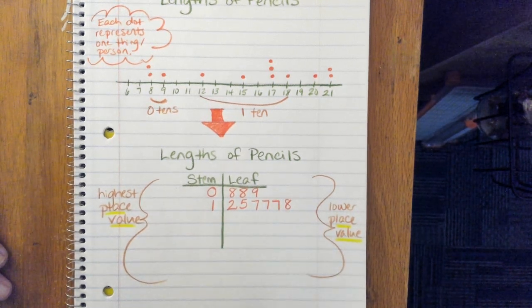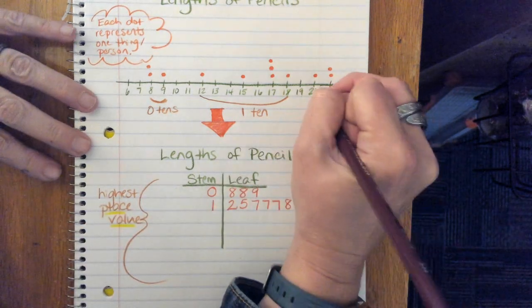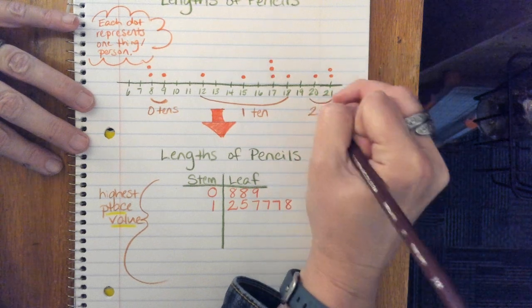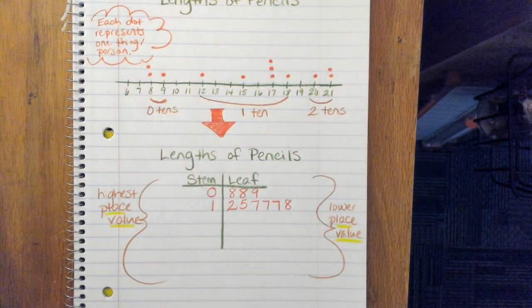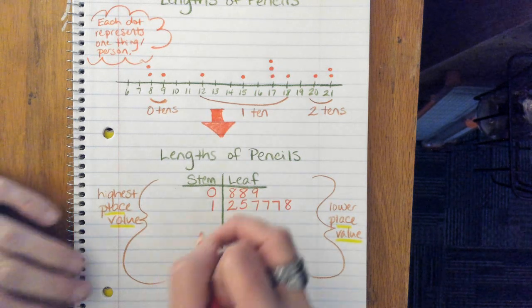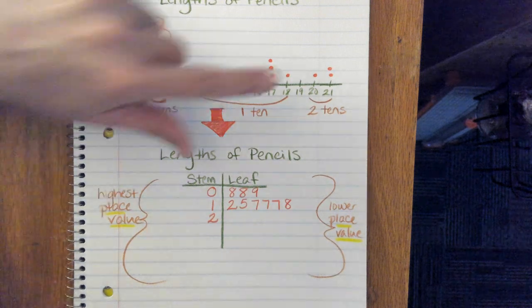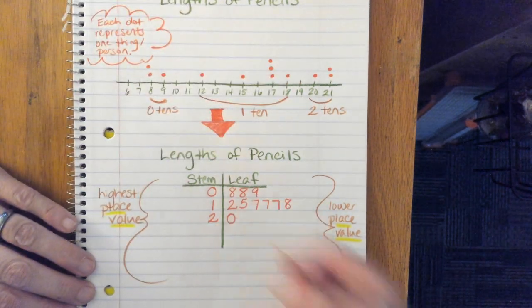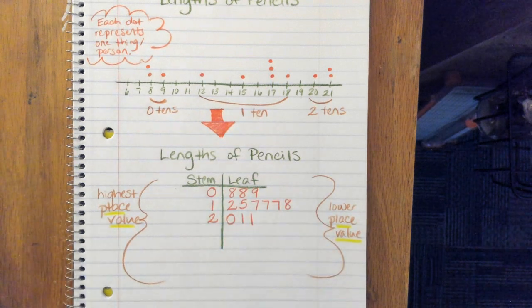Okay? And then the last stem that I have is the ones that have 2 tens. And then the 20 has 0 ones. And the 21, there's 2 of them, have 1 one each.